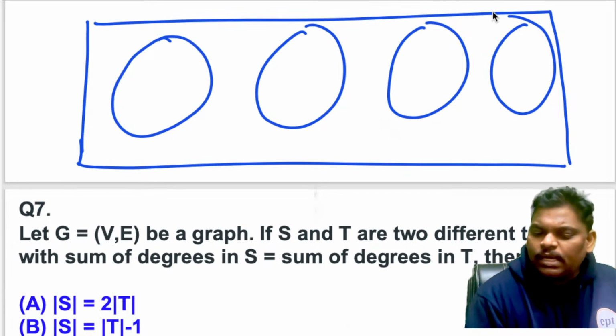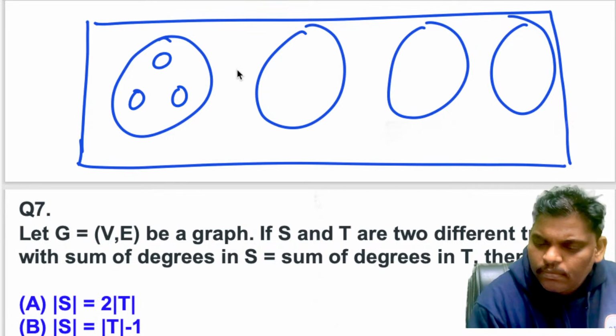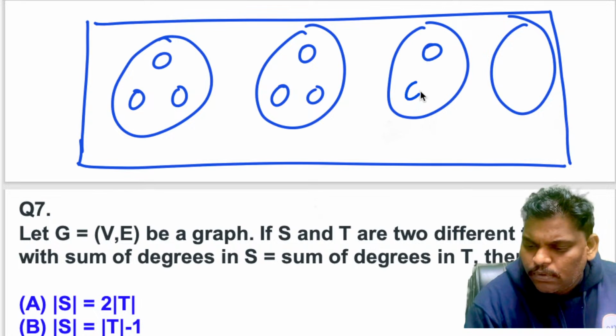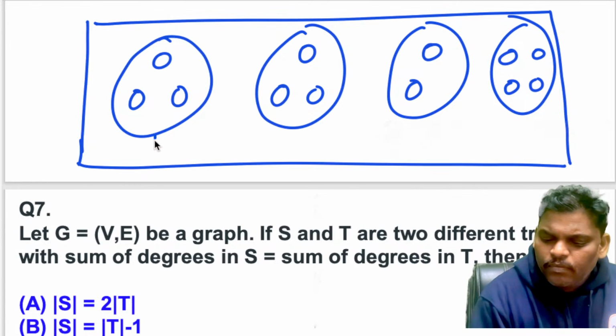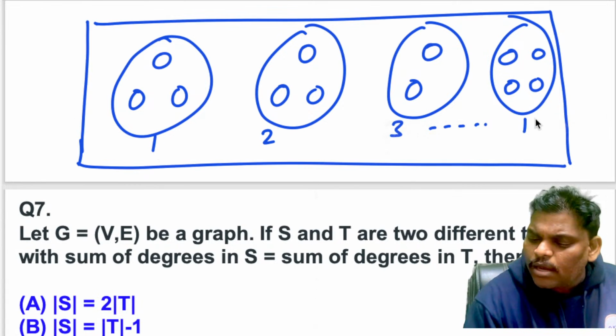K components are there. See this one, it is a component. First component, second component, third component and so on.